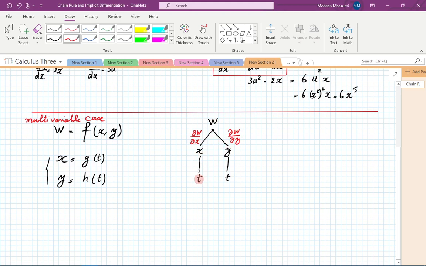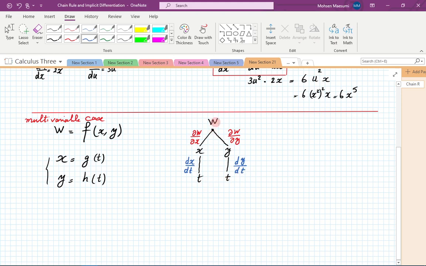Now x has just one dependency, that's just t, so instead of using the partial notation we use the ordinary derivative notation, dx dt. We could have used that too, but here it is more common to use this notation, dx dt and dy dt, because there is no other variable competing with t for this dependence.